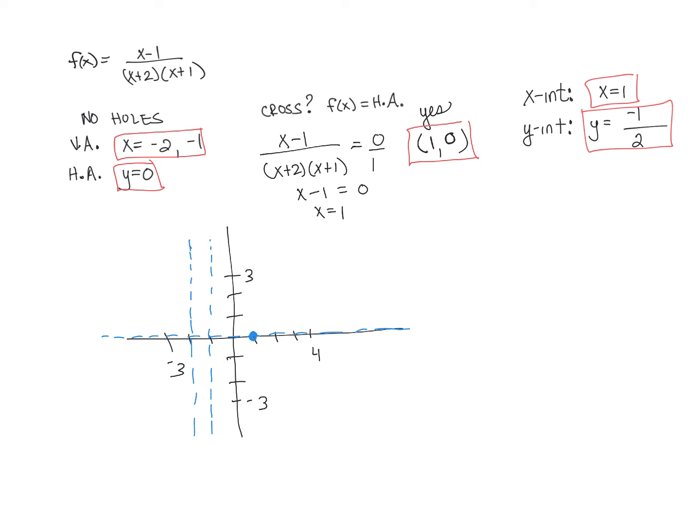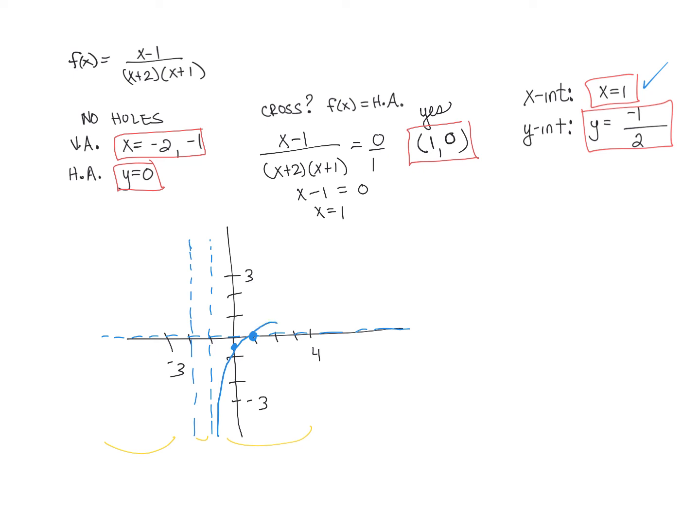The x-intercept is 1, we just graphed that, and our y-intercept is negative 1/2. So this is one of those times where we definitely need some additional points to know what's going on. We should have 3 different pieces to this graph: to the left of the first asymptote, between the asymptotes, and to the right. We know that this piece should go like this.